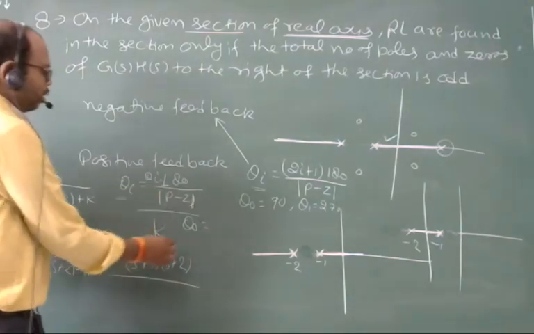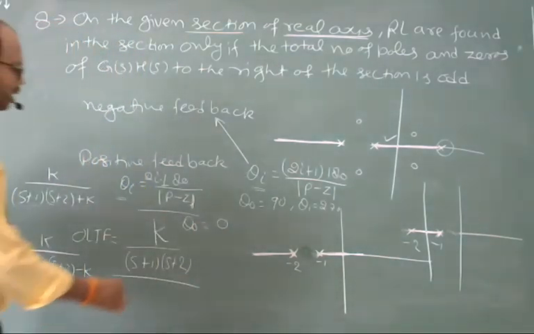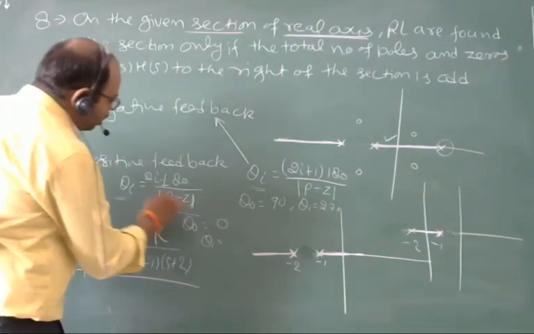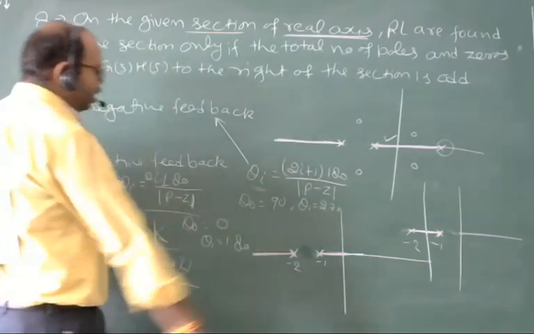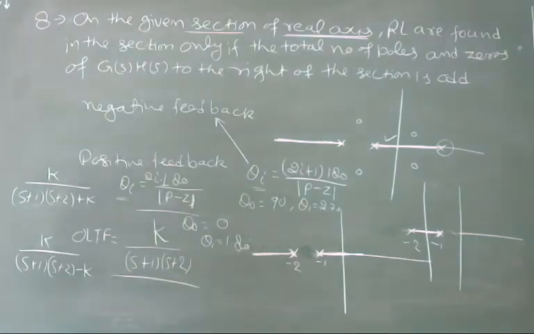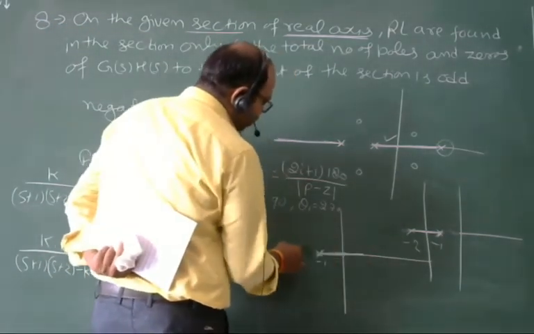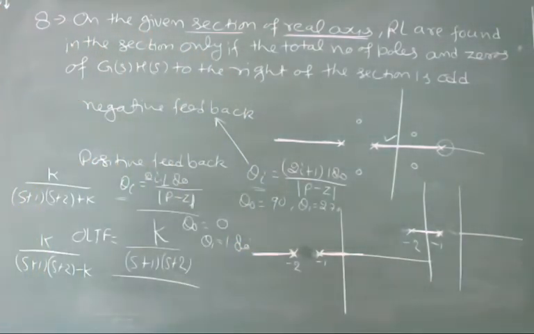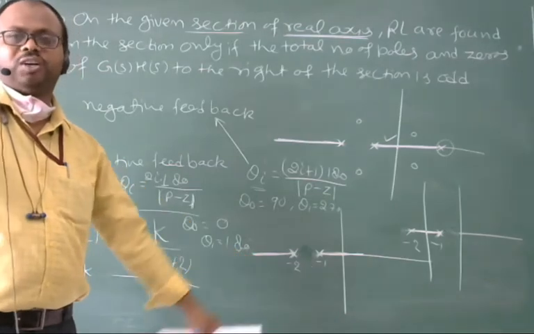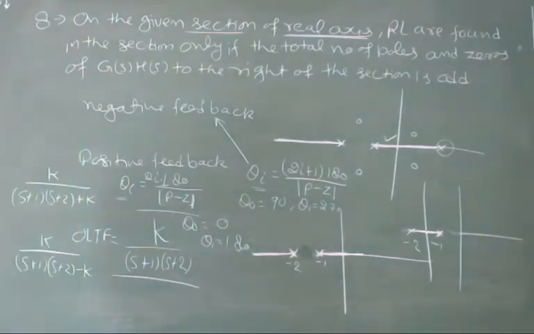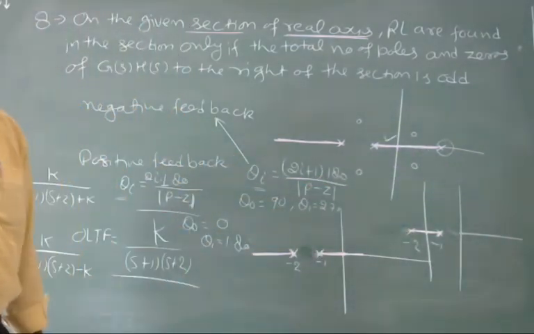And from here, theta naught will be 0. And theta 1, 2 into 180 divided by 2, which is 180. So one angle is 0 and one angle is 180. So this is the root locus for positive feedback case, and this is the root locus for negative feedback case.